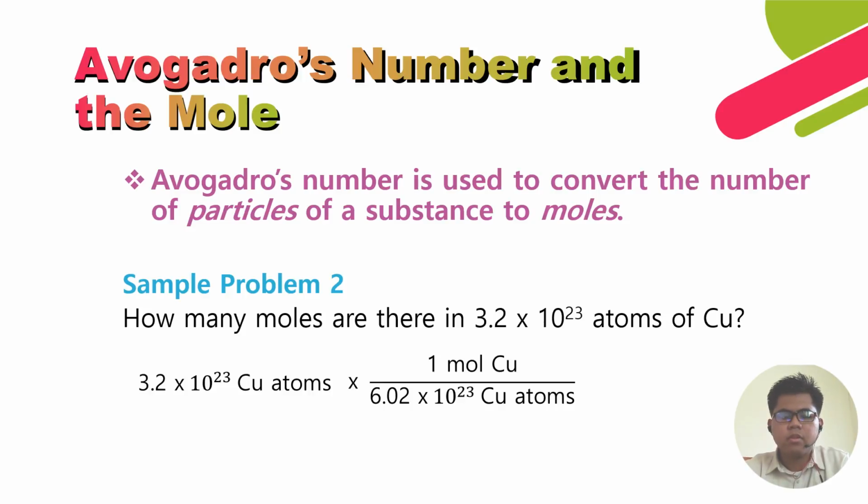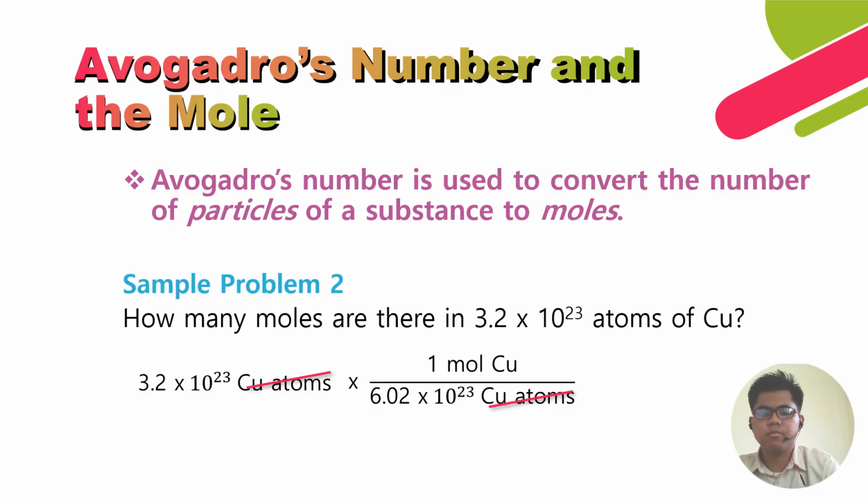Okay, now, let us cancel the units. And lastly, you have to perform the indicated operations in your solution. So in this case, we are going to multiply 3.2 times 10 to the 23 to 1 divided by 6.02 times 10 to the 23. What is the answer?